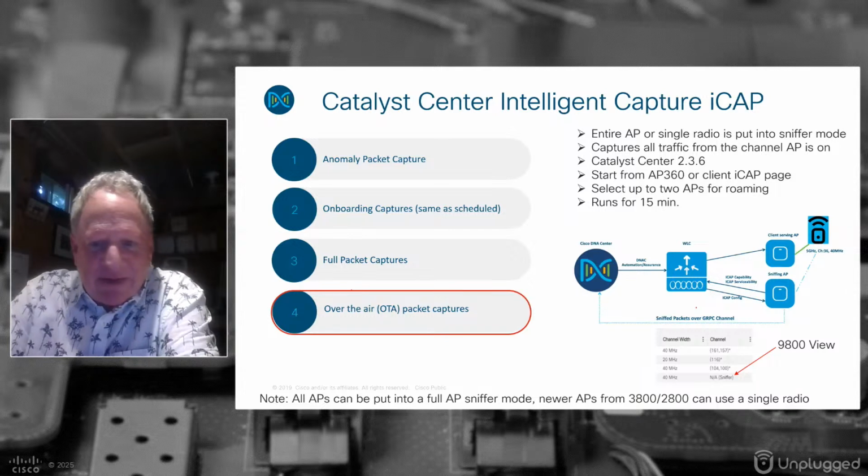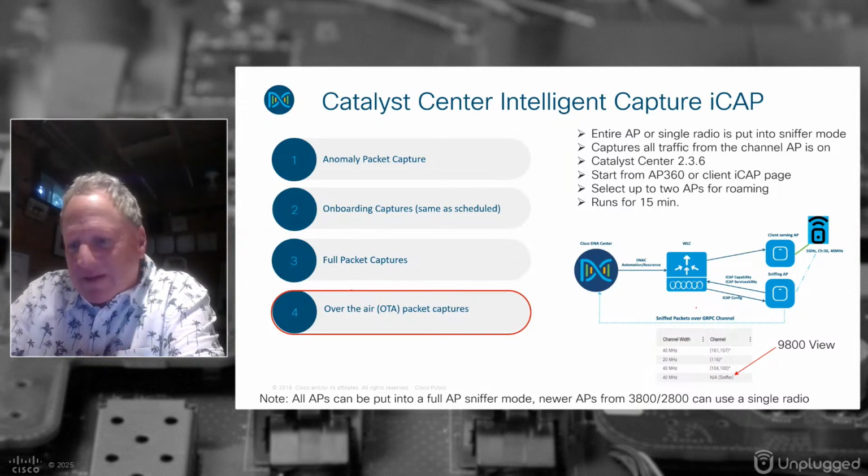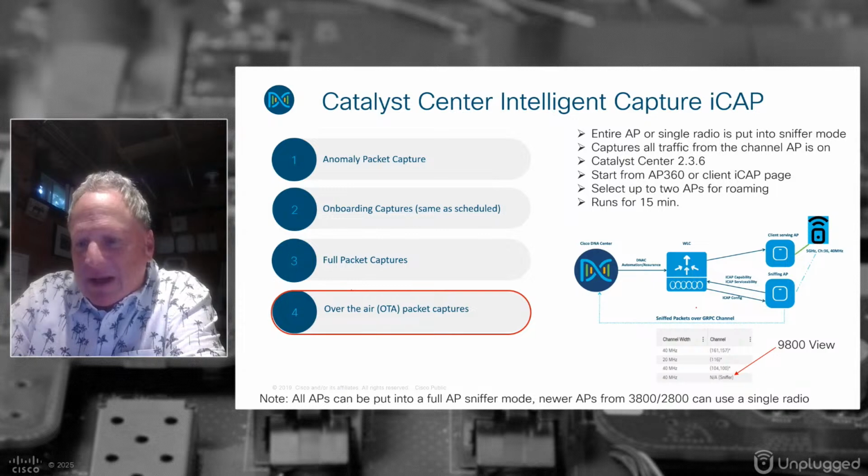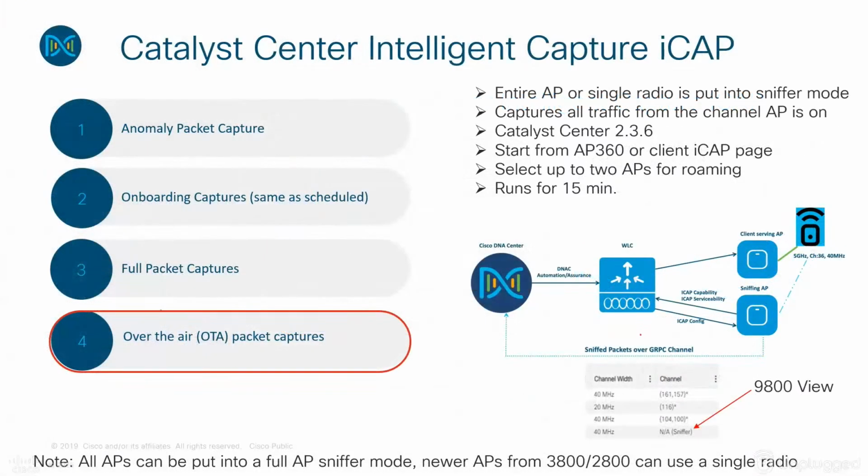Yeah, so this option here is the over-the-air packet captures. I've got a diagram that shows what's happening. The Catalyst Center is used to put an AP radio, not necessarily the entire AP, but a radio within the AP, meaning maybe the 2.4 gigahertz, 5 gigahertz, or 6 gigahertz radio, into a sniffer mode where it's just listening to the channel.